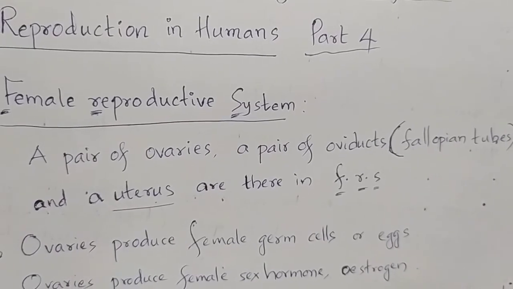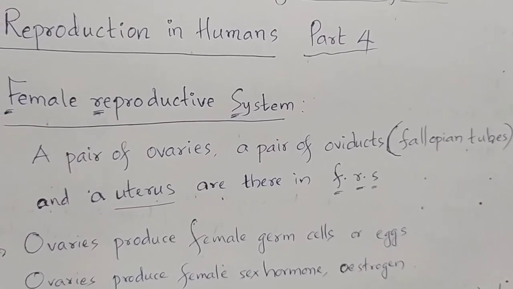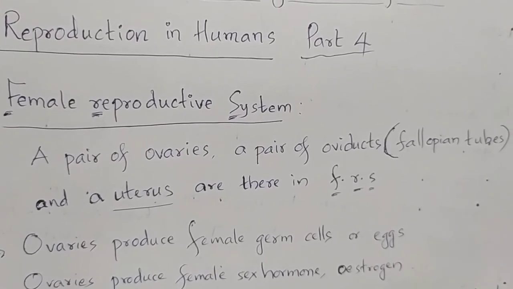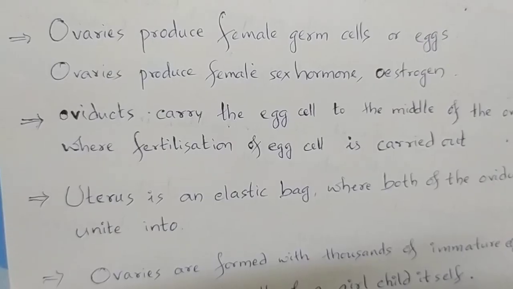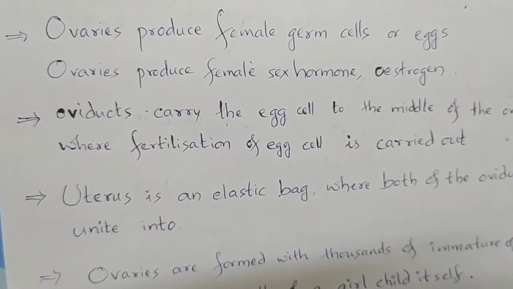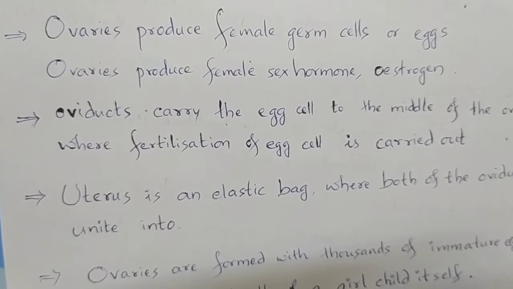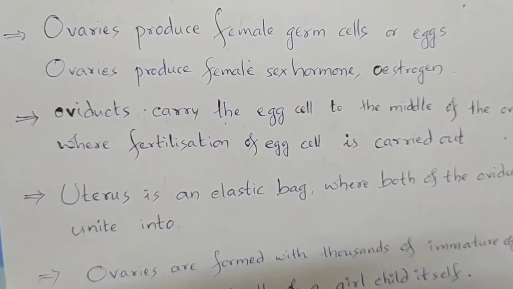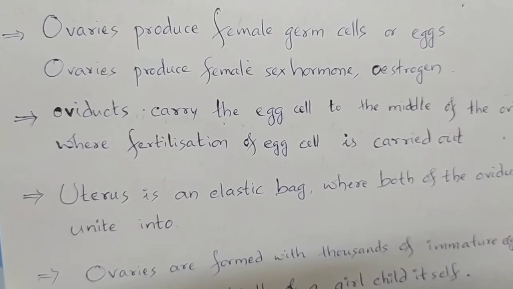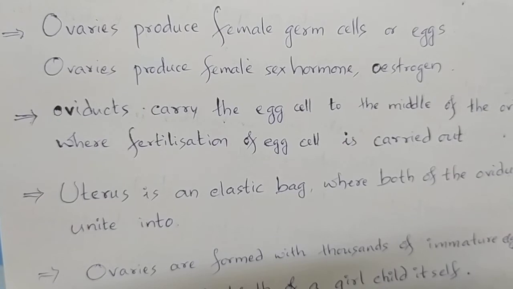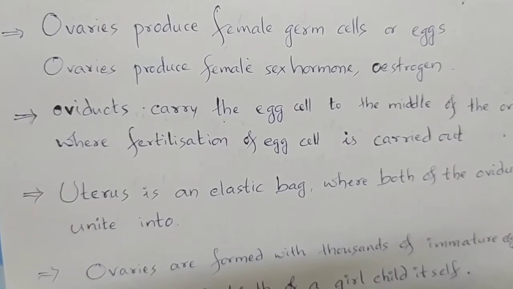Ovaries produce female germ cells or egg cells. While learning about the testes, we learned that testes produce the male sex hormone, testosterone. In the same way, ovaries produce the female sex hormone called estrogen.